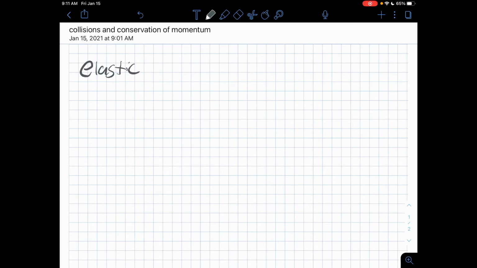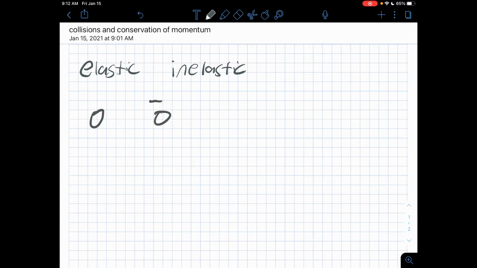The first kind of collision is called an elastic collision, and the other one is called an inelastic collision. So let's define what an elastic collision is first. An elastic collision is when two objects collide and then they bounce off each other or they remain separate. An example would be two pool balls.